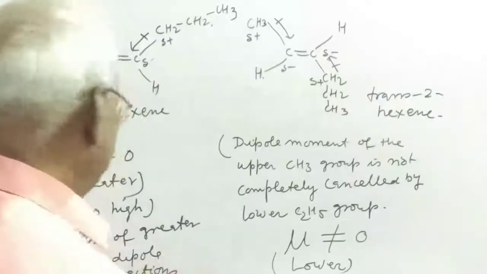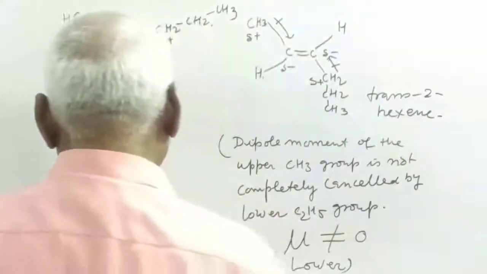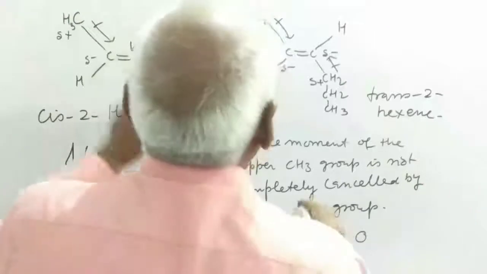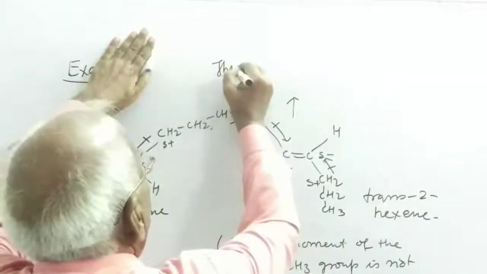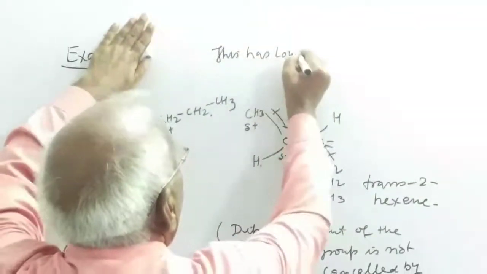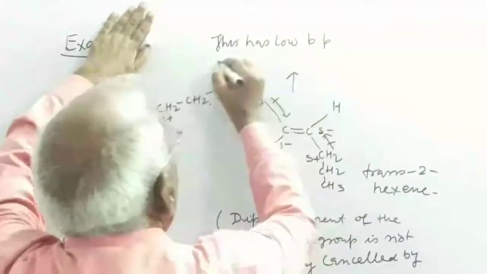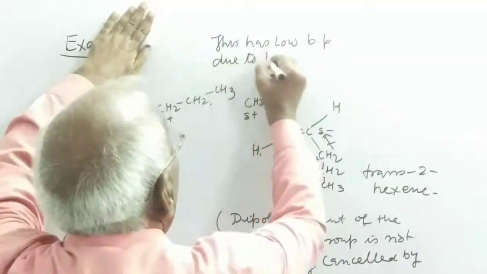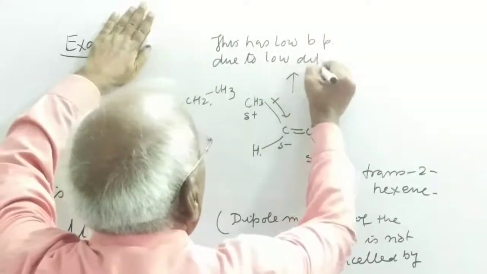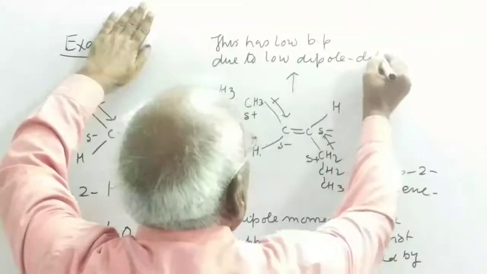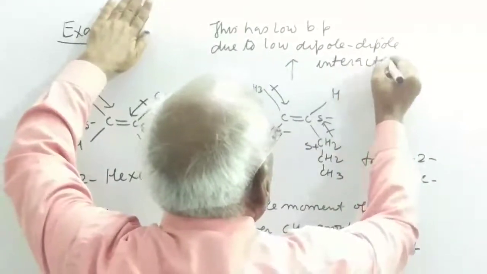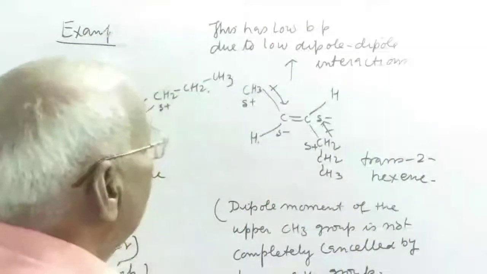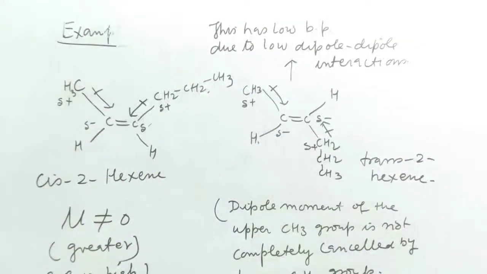Here is low boiling point; this has got low boiling point because of low dipole-dipole interaction. So this has low boiling point due to low dipole interactions. So this is about the 2-hexene.